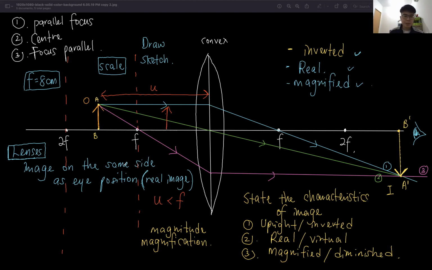The second position is when U is exactly equals to F. That is when the object is over here. Okay, U equals to F. And then moving further, we have U bigger than F, but less than 2F.